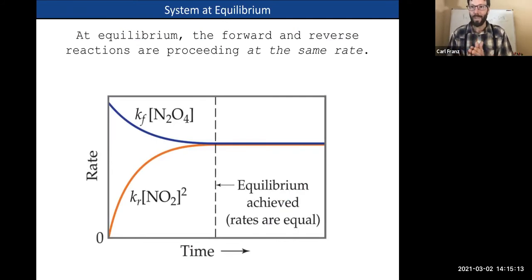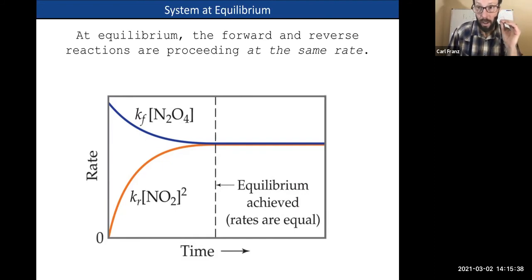So again, to drive it home, at equilibrium, the forward and reverse reactions proceed at the same rate. Okay, so dinitrogen tetroxide turning into nitrogen dioxide is going to lower its concentration, right?